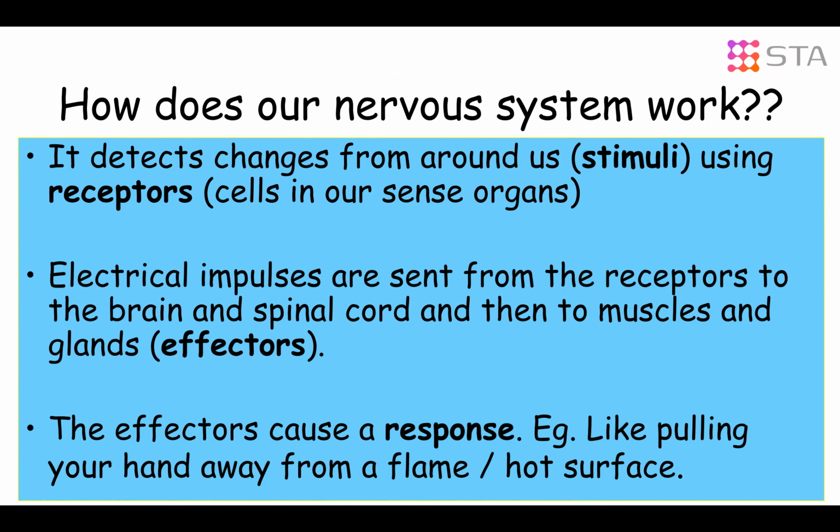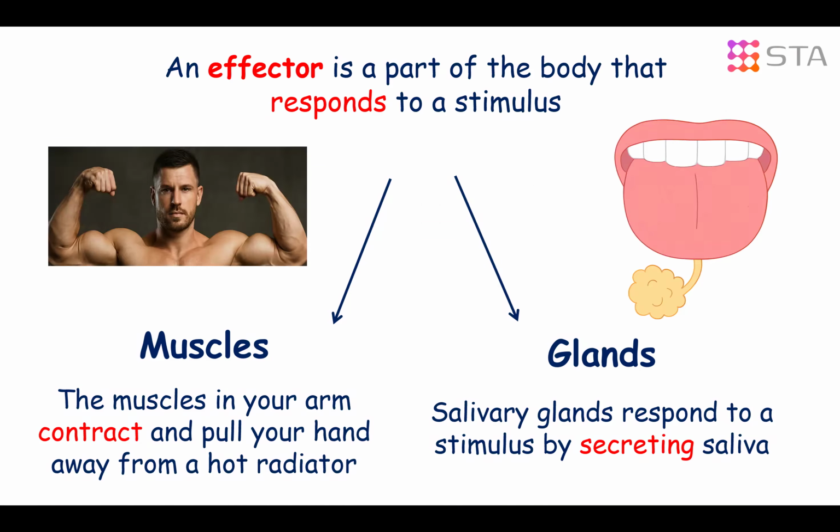The effectors cause a response, e.g., like pulling your hand away from a flame or a hot surface, something we'll look at further on, plus also even further next lesson. By all means, at any point of the recorded video, do press pause if you want to read something again and jot anything down. Okay, moving on.